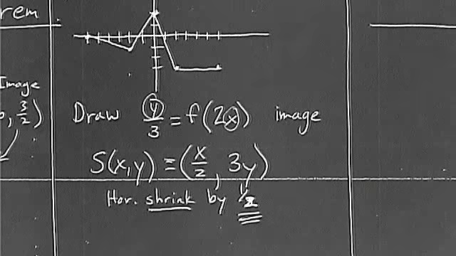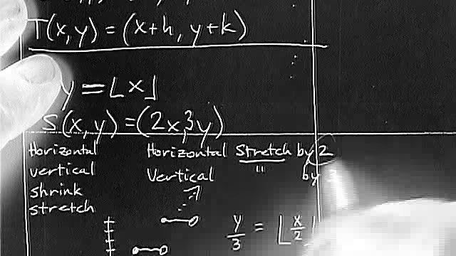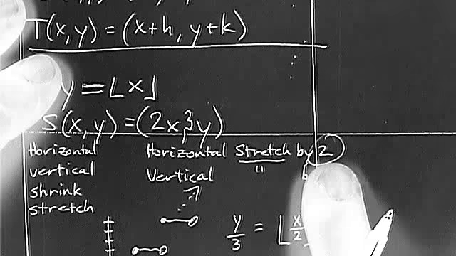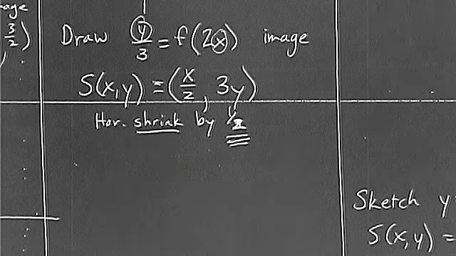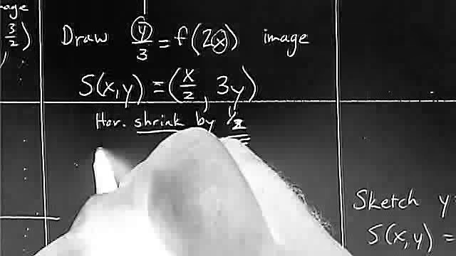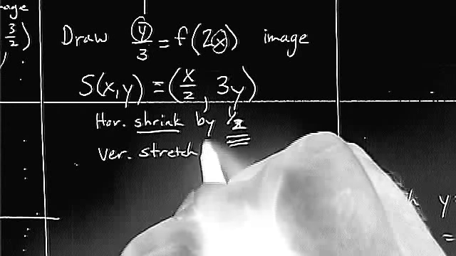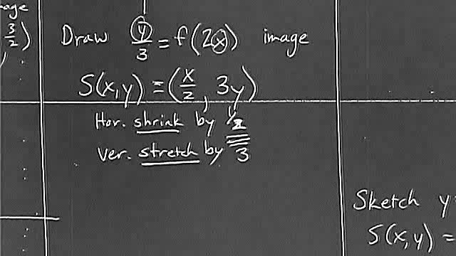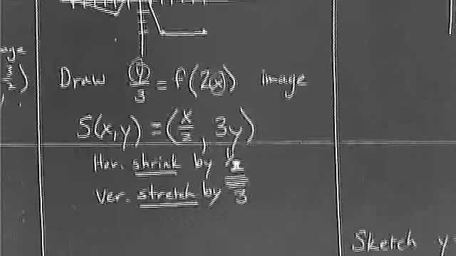If you use the word stretch, like we did in a previous example, the word stretch is going to be followed by a number larger than 1. So stretch indicates something's larger than 1. Shrink indicates that it's less than 1. And this is a vertical stretch by 3. So horizontal shrink by 1/2, vertical stretch by 3.